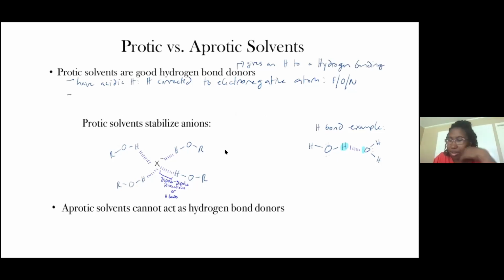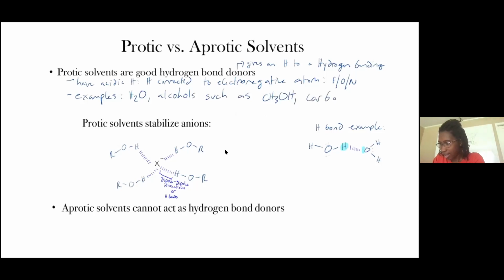Some example solvents include water, as well as alcohols such as methanol, and acids such as carboxylic acid. If you look at the molecules for each of these examples, you'll notice that they all have a hydrogen connected to an atom such as F, O, or N. In each of these 3 examples, that atom is oxygen.